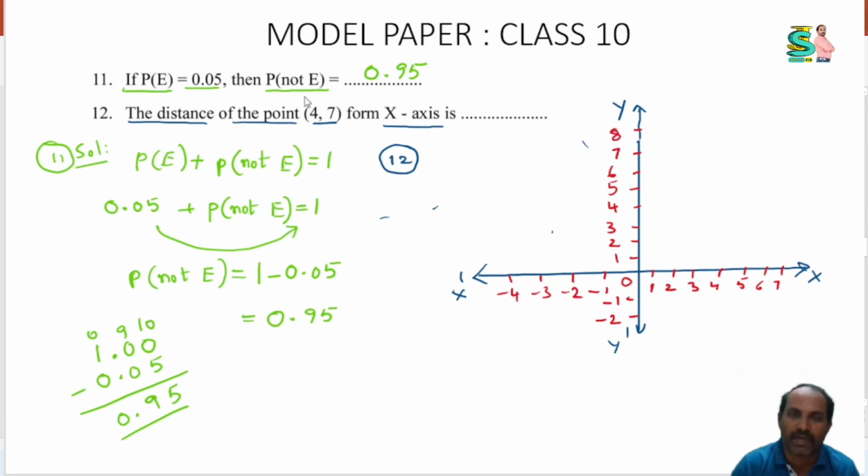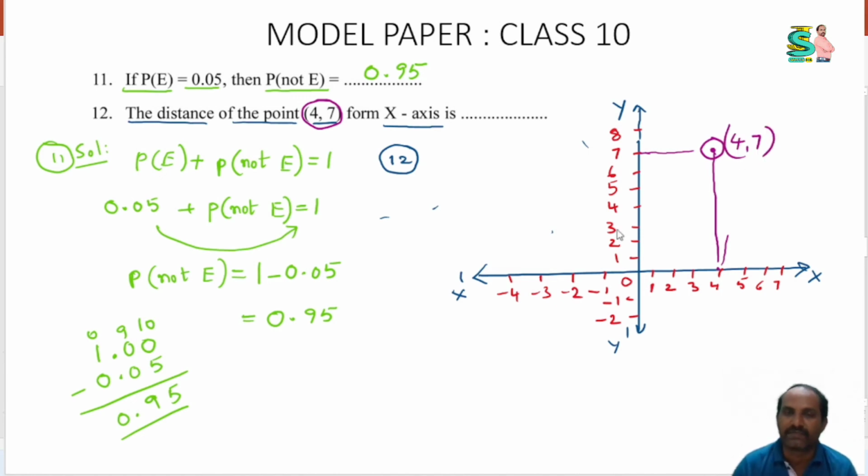Now the point is 4, 7. Means x value 4, y value 7. The meeting point of these two, this one and this one. So this point lies here. This point is 4, 7.